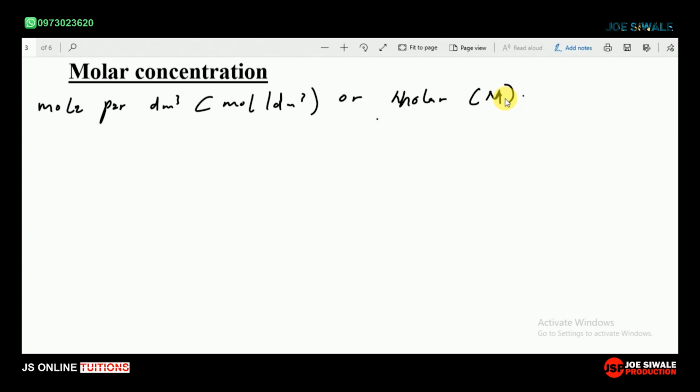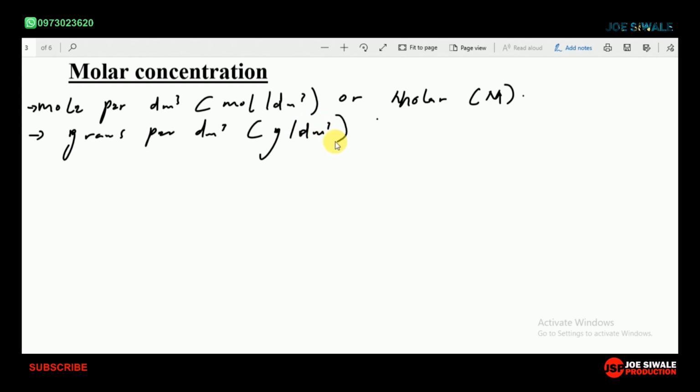So concentration can also be defined as the mass of solute present in 1 cubic decimeter of a solution. According to that definition, the units are going to be in grams per cubic decimeters.